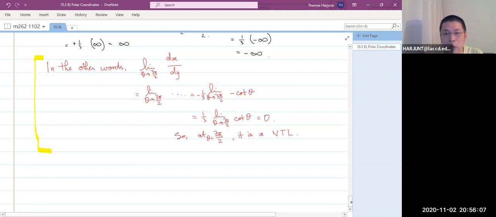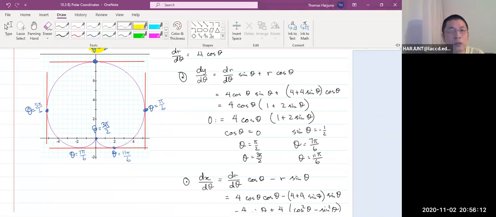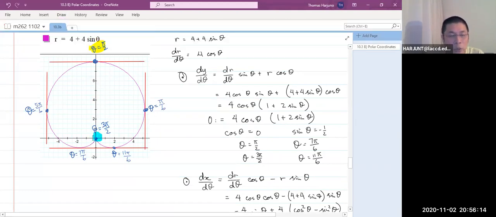Okay, so if we look back here, we have an issue from earlier. Our issue was, do we have a vertical tangent line or horizontal tangent line at this point? Or is the tangent line not equal at all? Like this, like this. This is what I want to say. If I erase all of this here, from what we see, it seems like the tangent line here is going this way, and the tangent line, if you approach this way, is that.